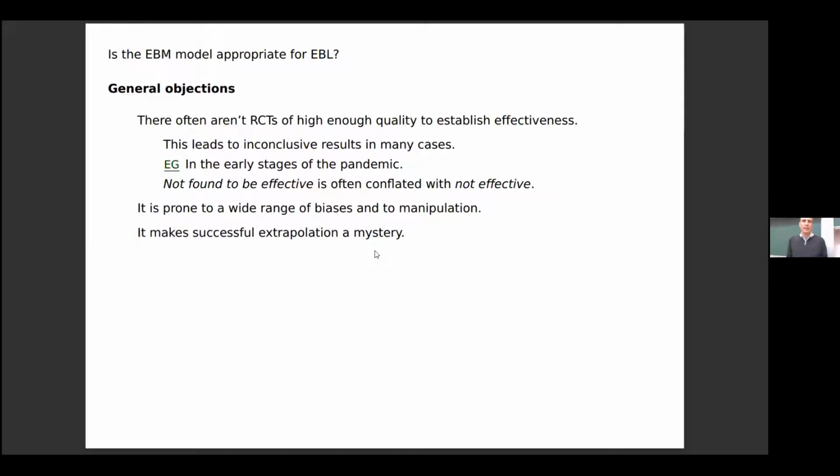We found this in the pandemic over and over again. This leads to inconclusive results. Often the results of a systematic review that doesn't include very informative randomized controlled trials can be interpreted as judging an intervention to be ineffective, when in fact it is judging an intervention to have not been found to have been effective.